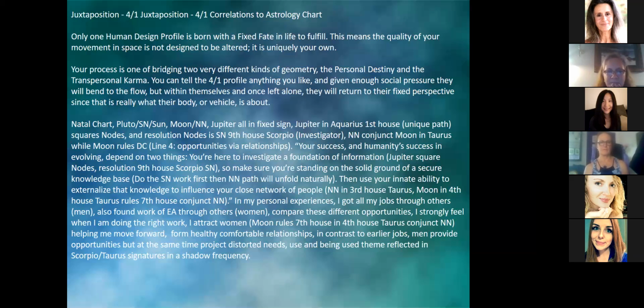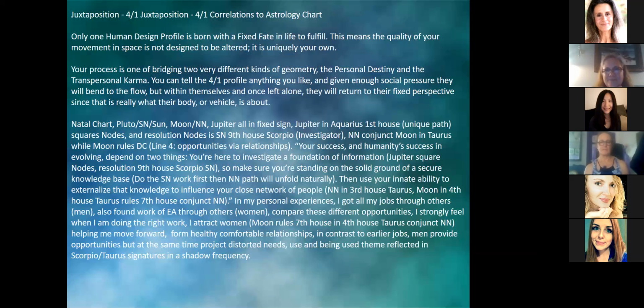And I found the EA through women's groups. So comparing those different opportunities, I strongly feel when I'm on the right path, doing the work I'm passionate about, I attract women more often to help me move forward.